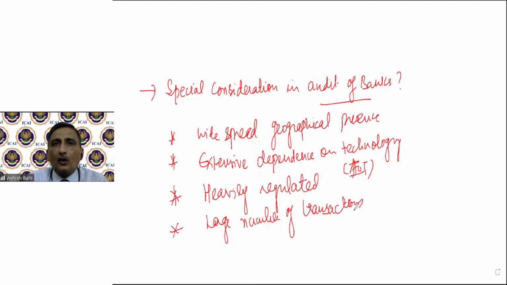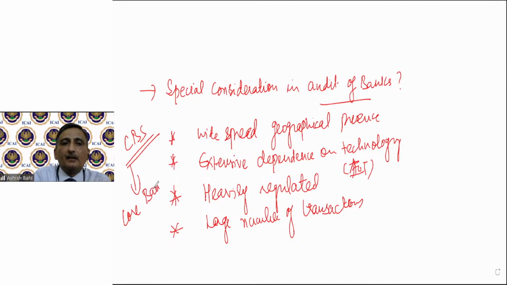So you also know that banks today work on CBS platform, core banking solution. You have heard the term core banking solution. So what is core banking solution? Basically what happens in core banking solution is that banks access data in real time from a centralized server.